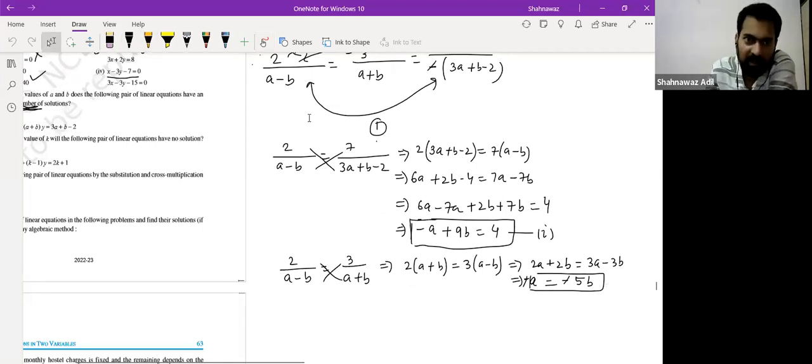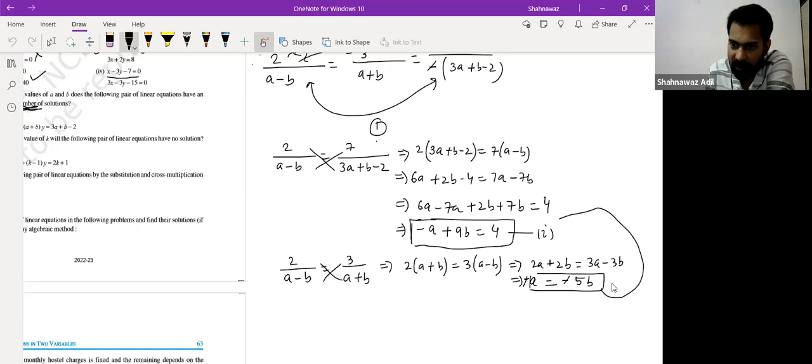So we can put this value in here. So minus a, which will become minus of 5b, plus 9b is 4.